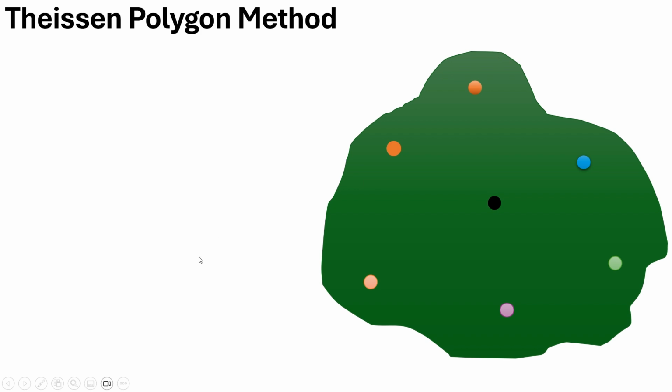After drawing it on a graph paper or on a scaled diagram, we'll simply locate the stations as station 1, station 2, 3, 4, 5, 6, and 7. When these stations are drawn on a scale diagram of a watershed or a catchment area, we will follow some simple steps.